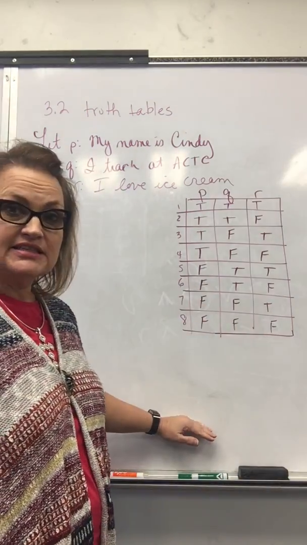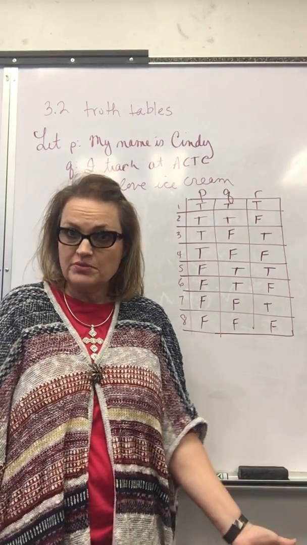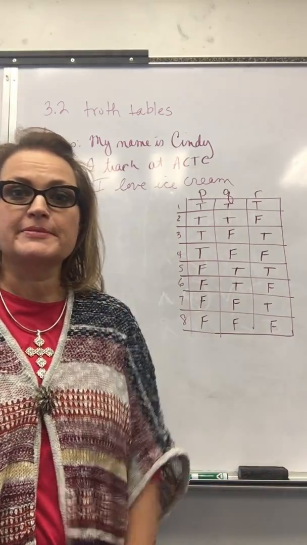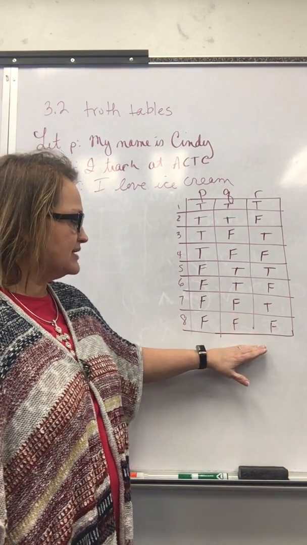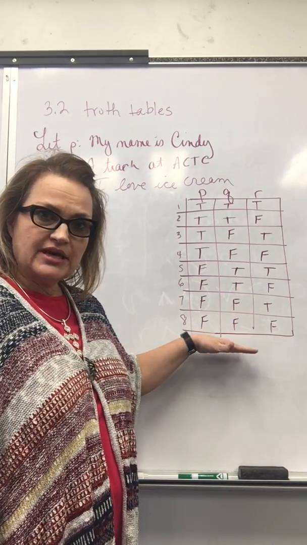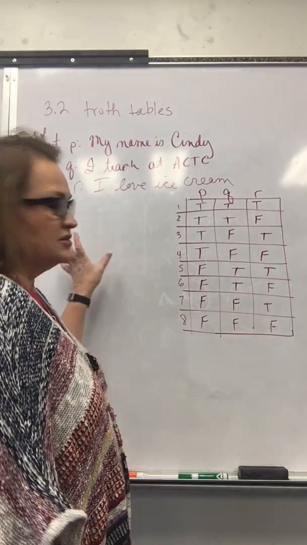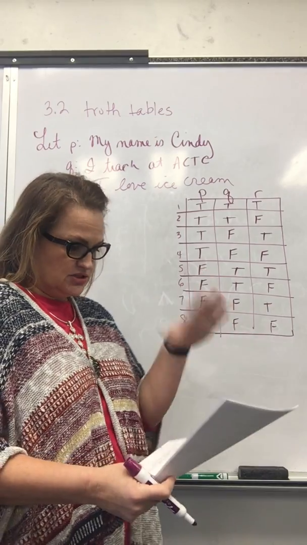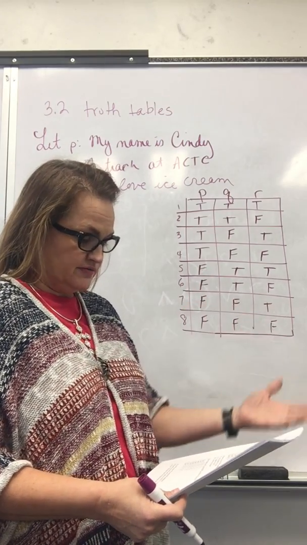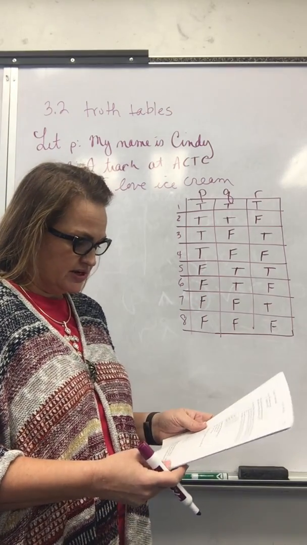There would be 16 cases if I had 4 statements, and so on. But we don't go that far. This is all we'll do. The 8 cases, you'll need to know that truth table. We'll use that a lot. And then the 2 statements case we had over here. All right, so that's just an overview of the starting of having a truth table.